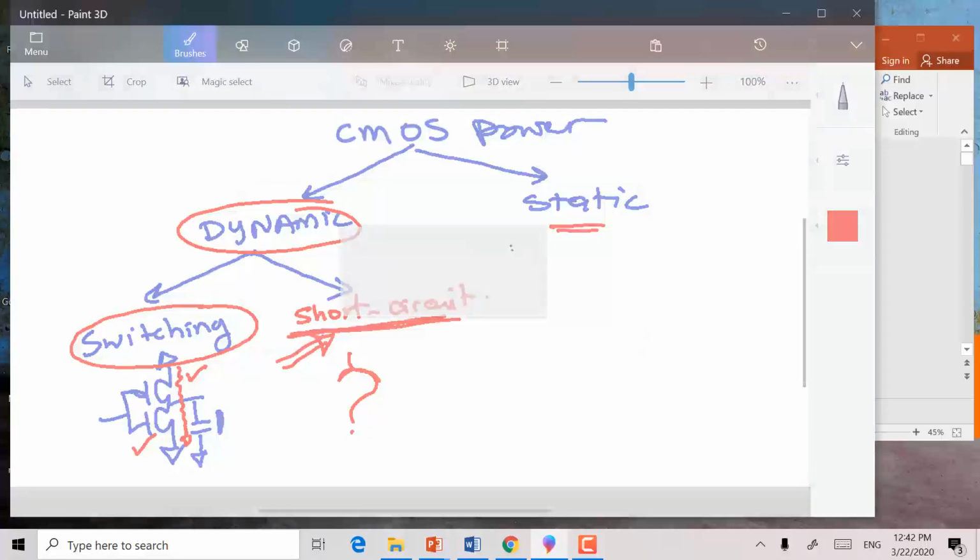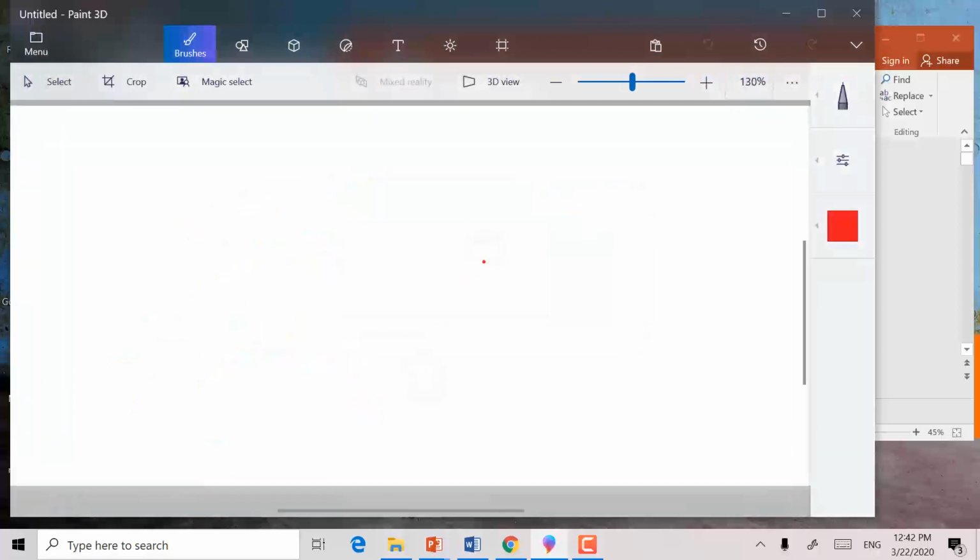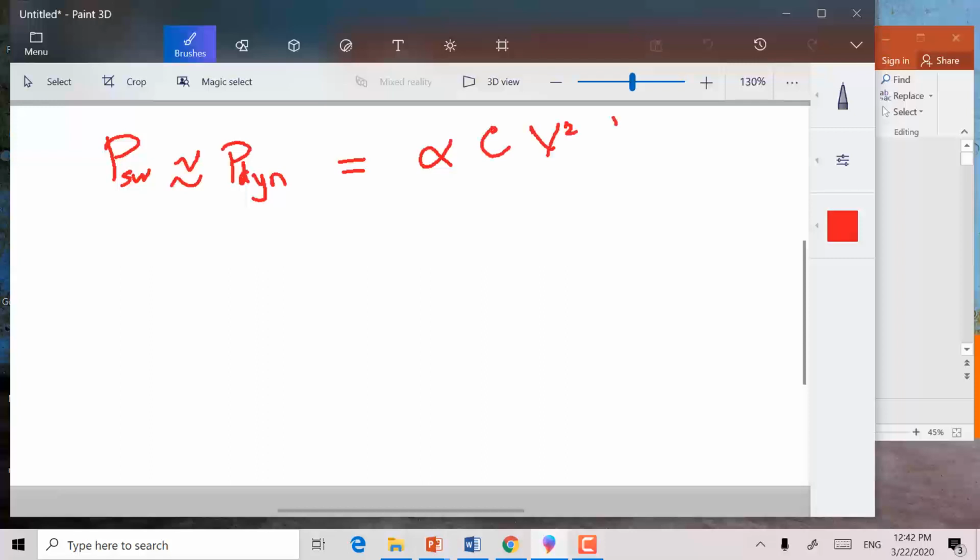Dynamic power includes switching plus short circuit, but since we are ignoring short circuit, we'll say loosely that the dynamic power equals the switching power, which is equal to alpha times C times V squared times frequency.